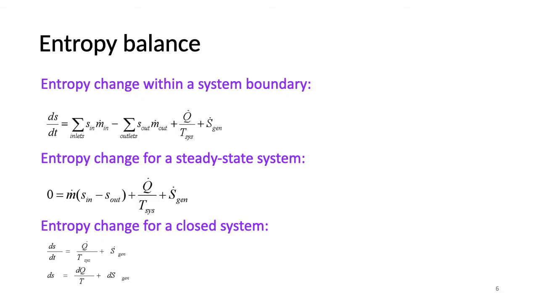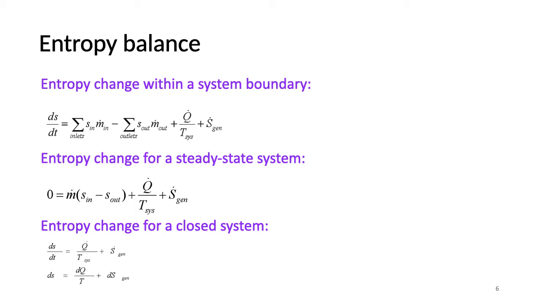Now let's move on to the entropy balance. Entropy change within a system boundary is equal to the difference between entropy transported in and out of the system, plus the entropy changes due to the heat flow across the system boundaries, plus the entropy generation.